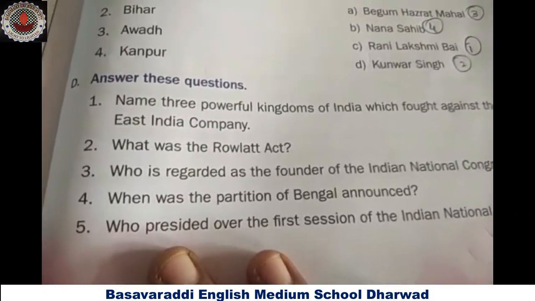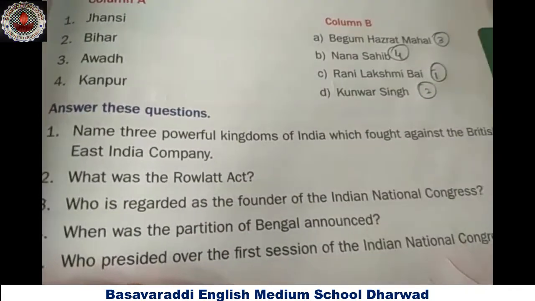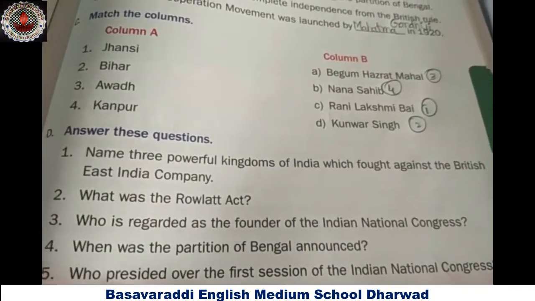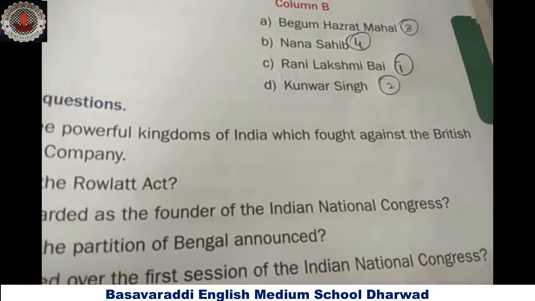Answer these questions. Name 3 powerful kingdoms of India which fought against the British East India Company.